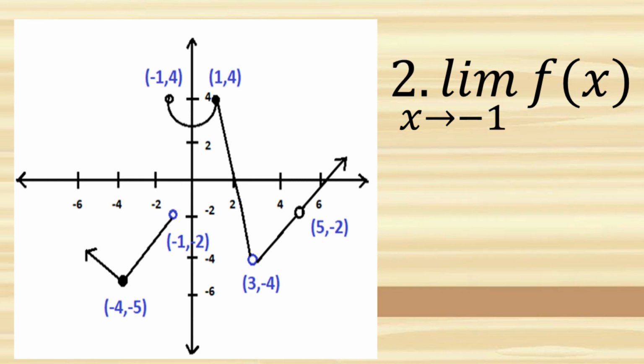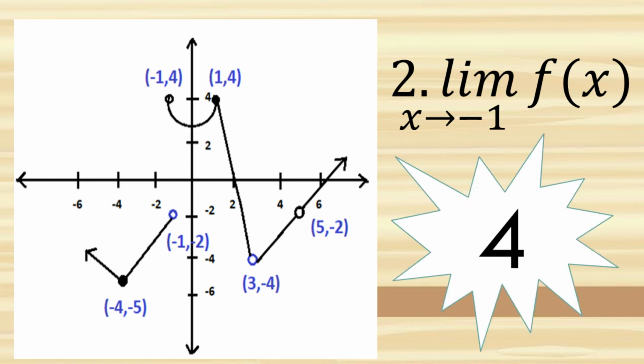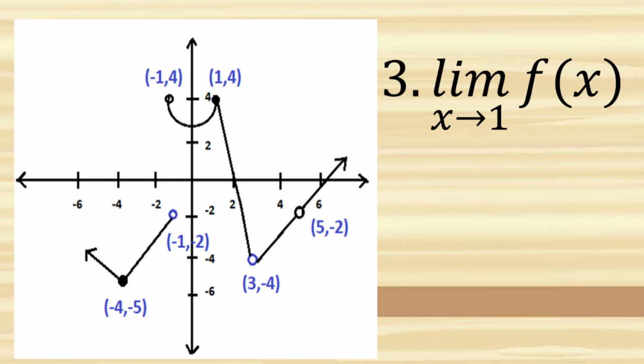The limit of f of x as x approaches negative 1. If x is equal to negative 1, what is the value of y? The answer is 4. So the limit of f of x as x approaches negative 1 is 4. Can you now determine the limit of f of x as x approaches 1?